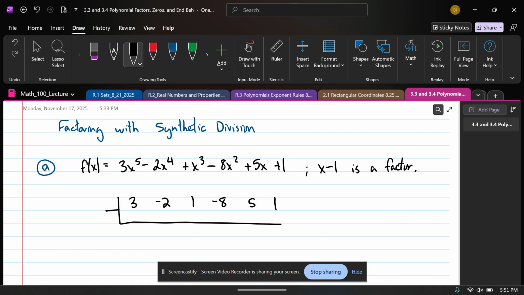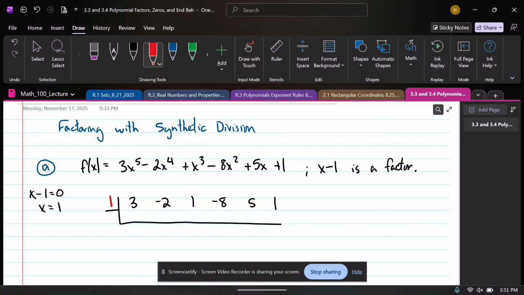Remember, if there is something missing, you have to put a 0x or 0x cubed or whatever's missing in there. Now, to get the number on the shelf, remember, you take what the factor is and set it equal to 0. And so I get a positive 1. So that positive 1 is what goes on that shelf.